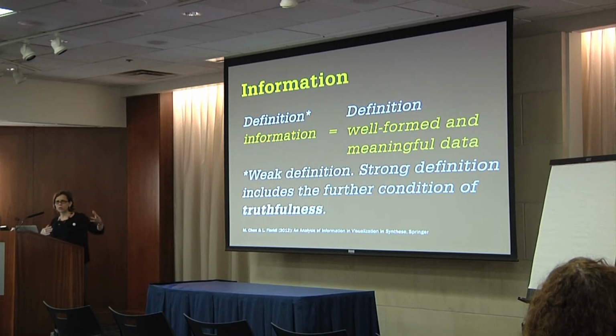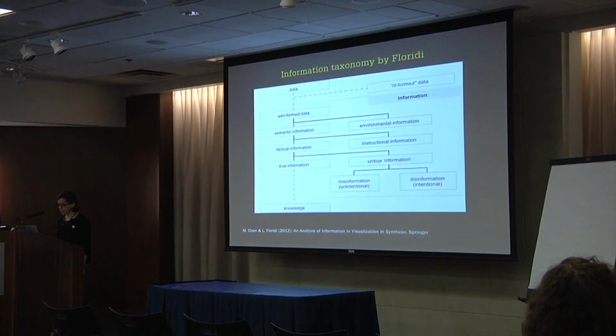And I'm going to go over some of his diagrams explaining this, but I think it's important for us to consider those two aspects as we get more and more access to data, and we're trying to communicate information.